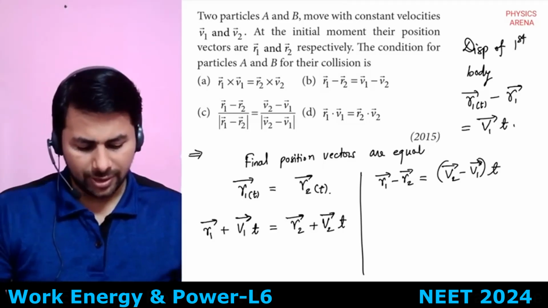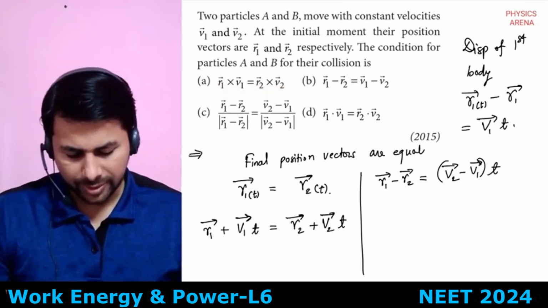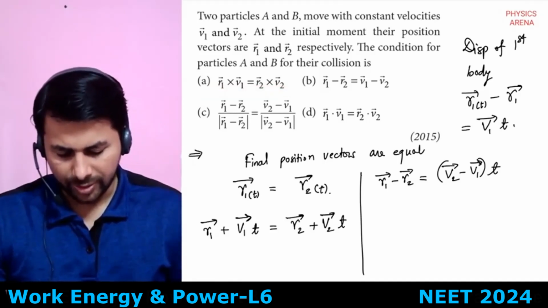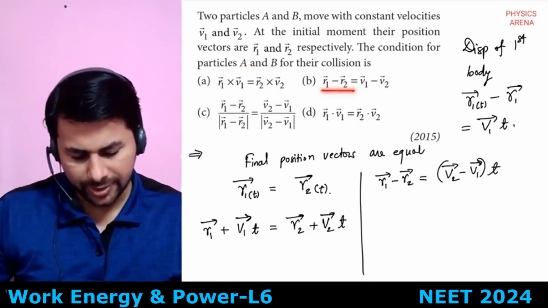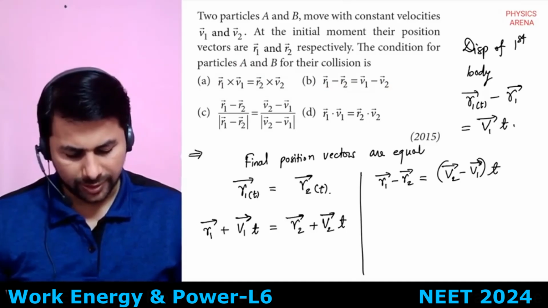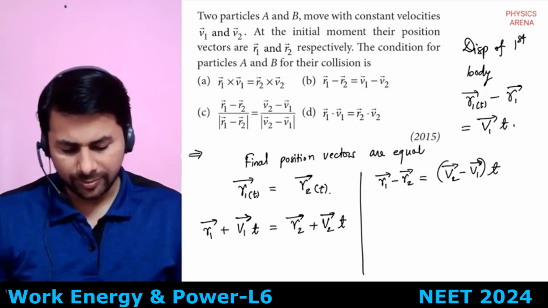Now see, the first one is not correct, or we cannot say about the first one. The second one is r1 bar minus r2 bar equal to v1 bar minus v2 bar.